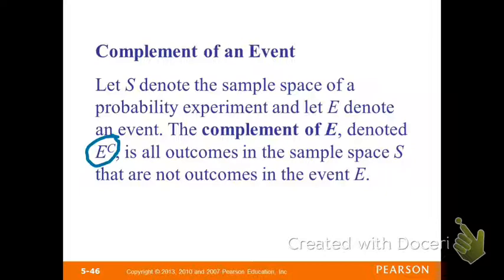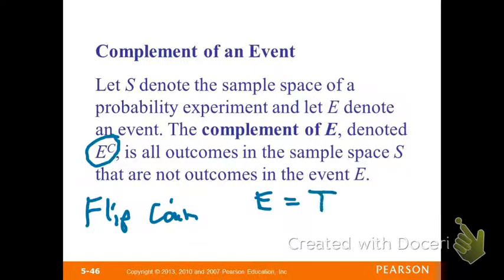Okay, so if we're talking about heads or tails again, flipping a coin, if E is tails, then E complement would have to be what? Hopefully all of you immediately say heads. Okay, so that's what we mean by the complement of an event.